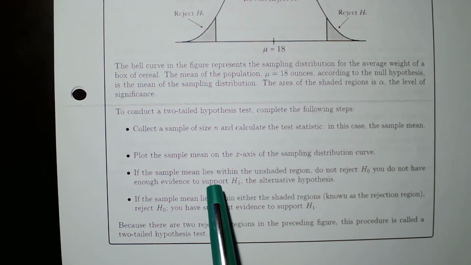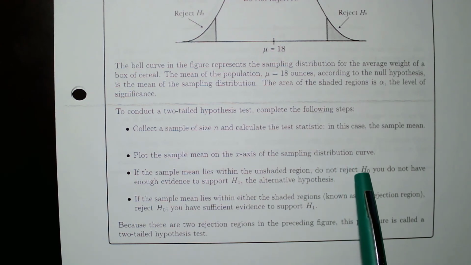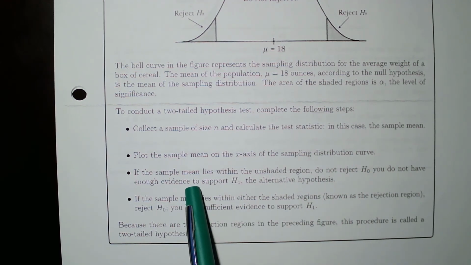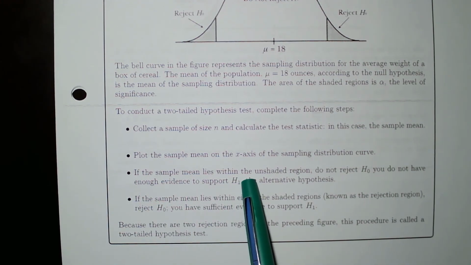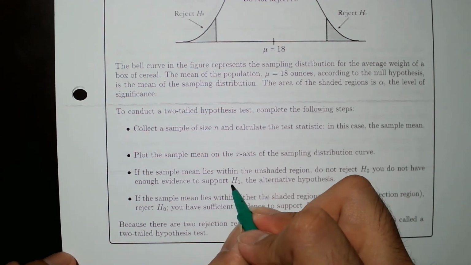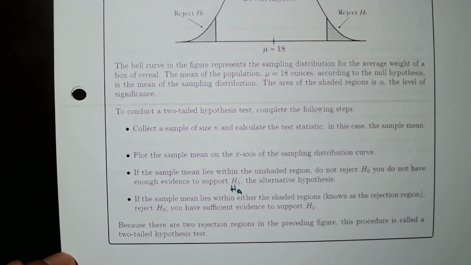Now, again, as I mentioned before, if the sample mean lies within the unshaded region, we do not reject the H0. That means we do not have enough evidence to support H1 or Ha, the alternative hypothesis, so we lose.